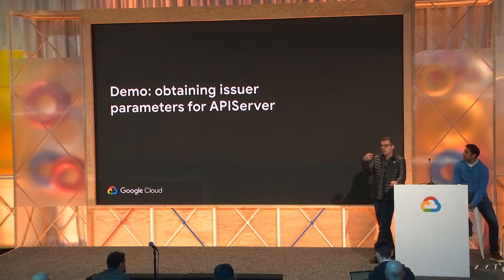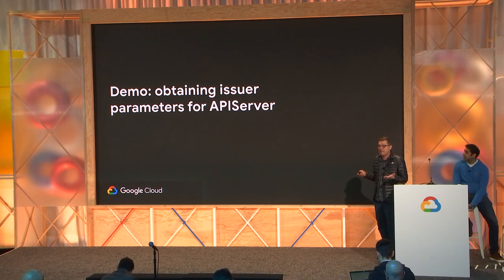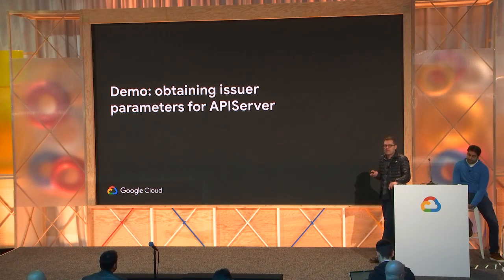But the kubectl CLI, the command line interface, also needs those parameters to integrate with the IDP. But in addition to the information about the client, basically the OIDC client, kubectl also needs some information about the provider itself, such as where is the provider? So we'll show how to get that information from ADFS.